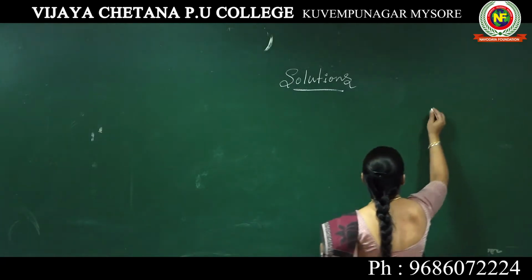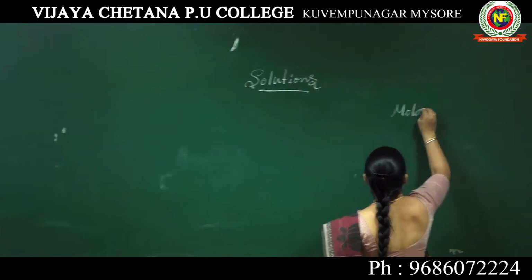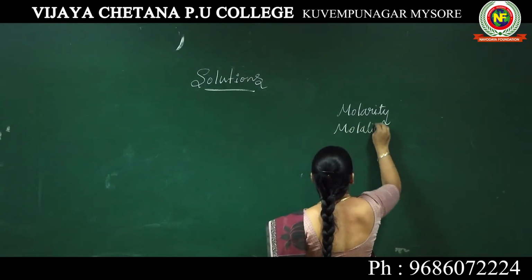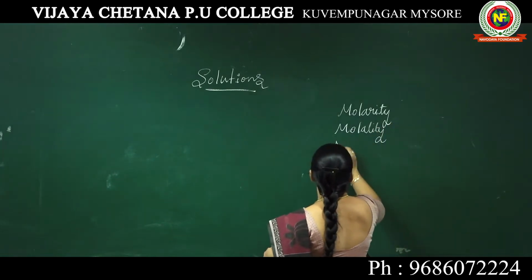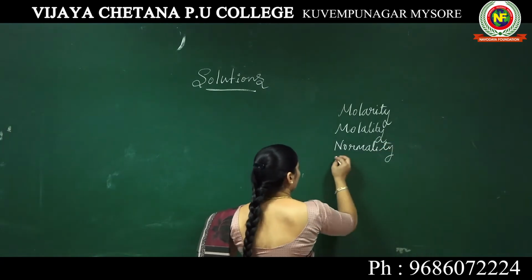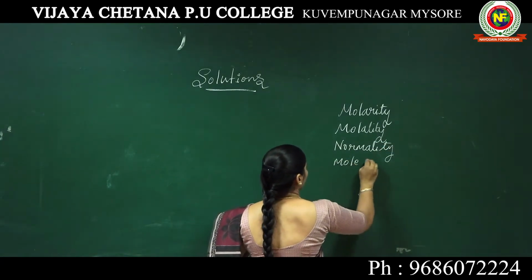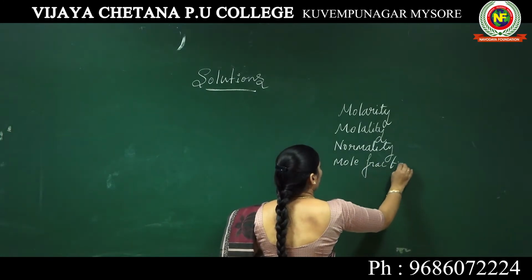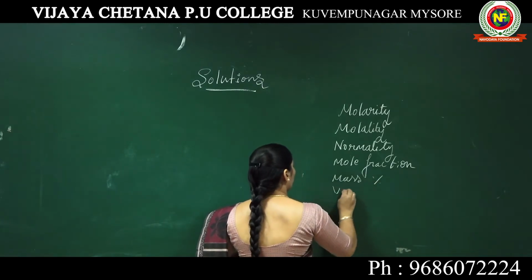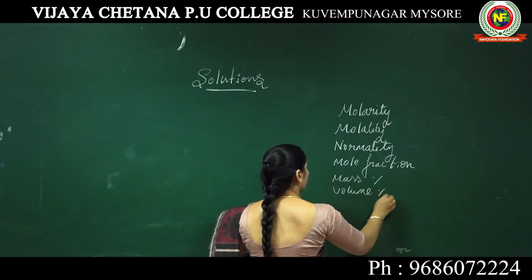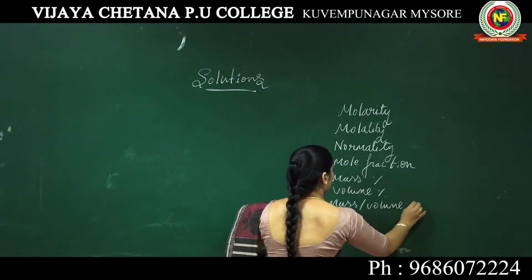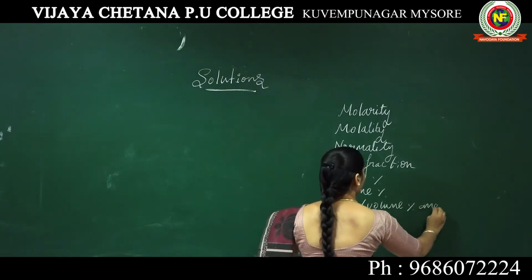So once again: molarity, molality, normality, mole fraction, mass percentage, volume percentage, mass per volume percentage, and lastly ppm, which is parts per million.